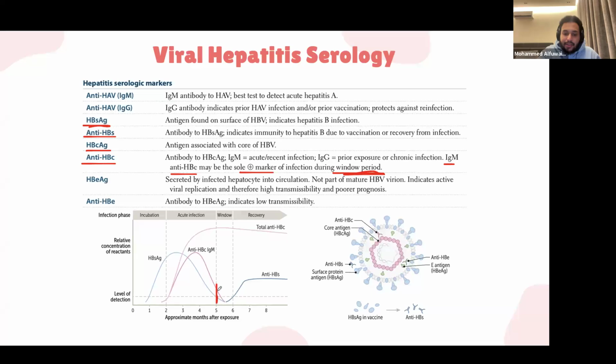After the patient has acute hepatitis and goes into recovery, there is a window period until the antibody for the surface antigen gets produced. In this case, there will be nothing that's elevated except the IgM hepatitis B core antibody, if this is the only thing that's elevated.